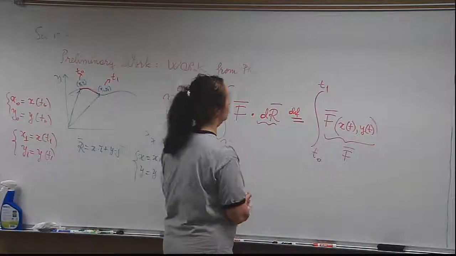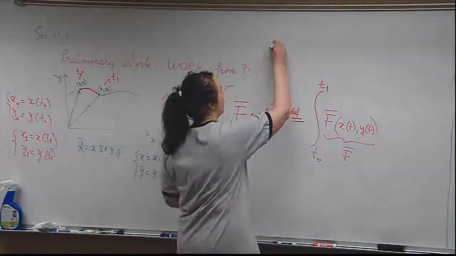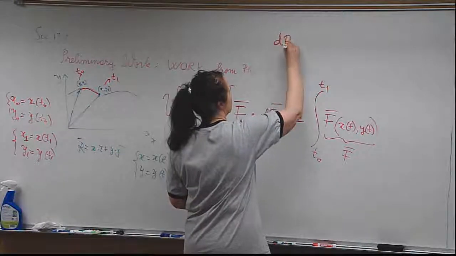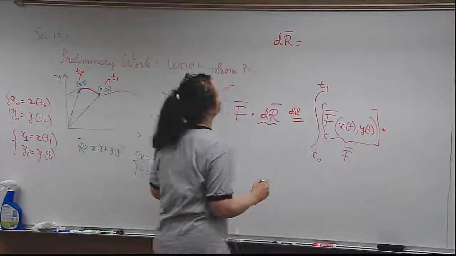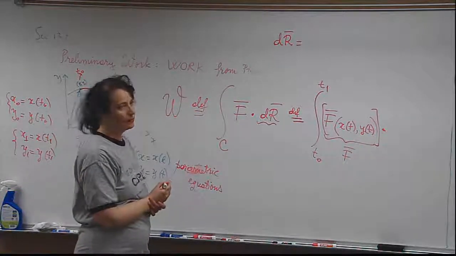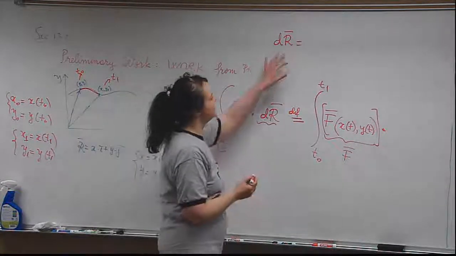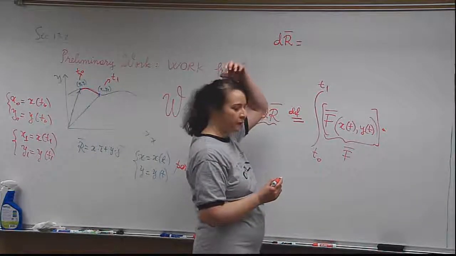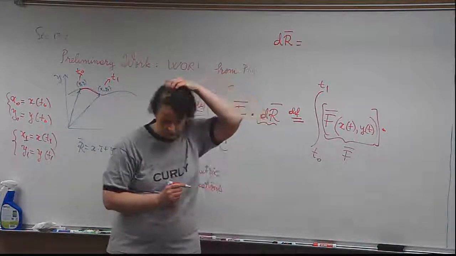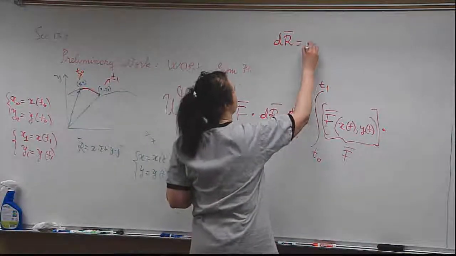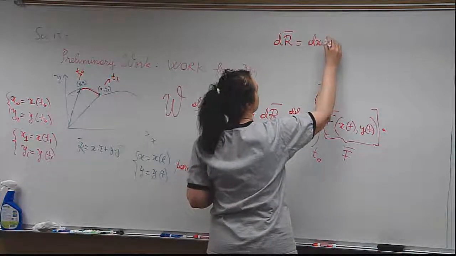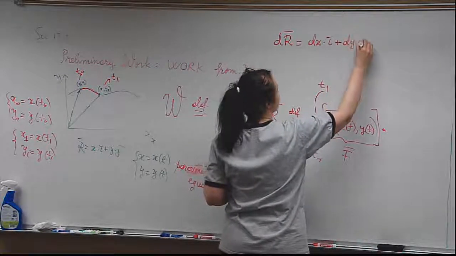Okay, so instead of dr, I'm going to write dot, and let's see what I write in terms of dr. You may say, well, what does she mean? dr was dxi plus dyj.